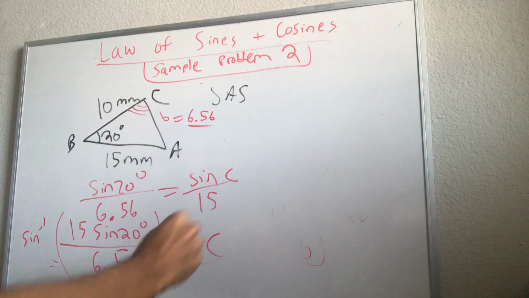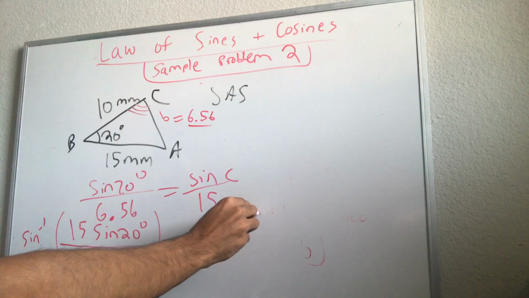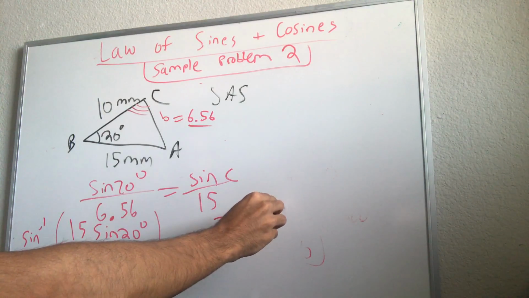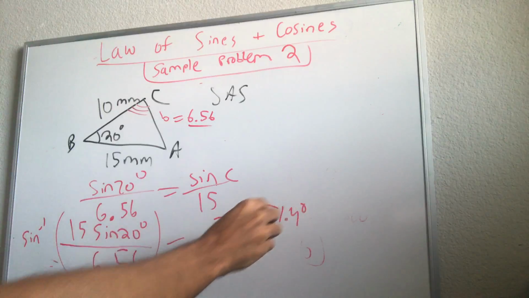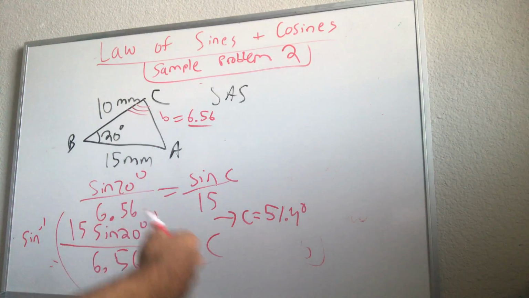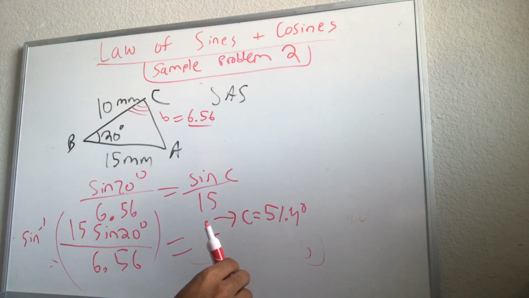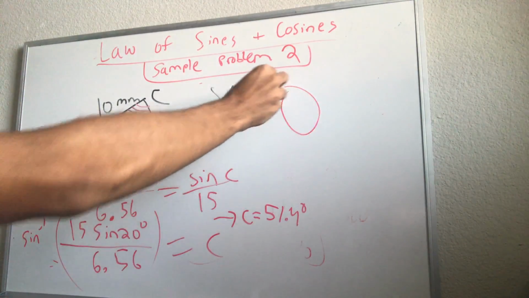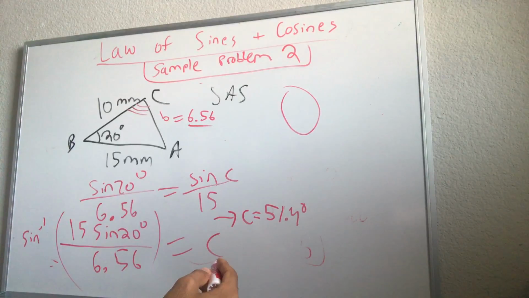But once you put this in your calculator, you see that C is equal to 51.4 degrees. So this is what you get when you put this function in your calculator, because it's only giving you the angle in the first quadrant that makes this true.